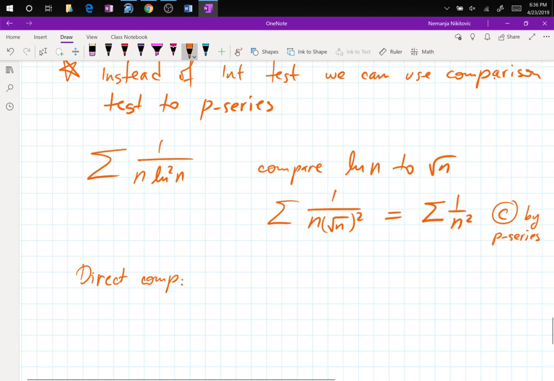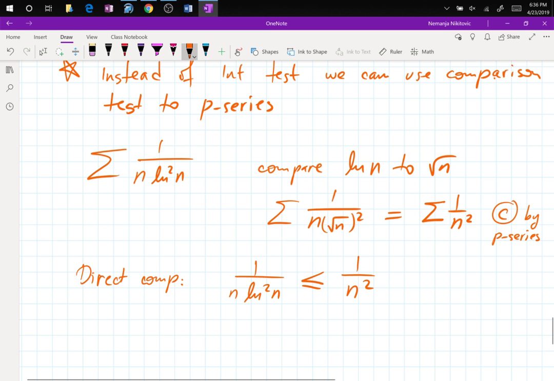So now we can do direct comparison. And for the direct comparison, I need to show that 1 over n ln squared n is smaller or equal than 1 over n squared that I'm comparing it to, right?